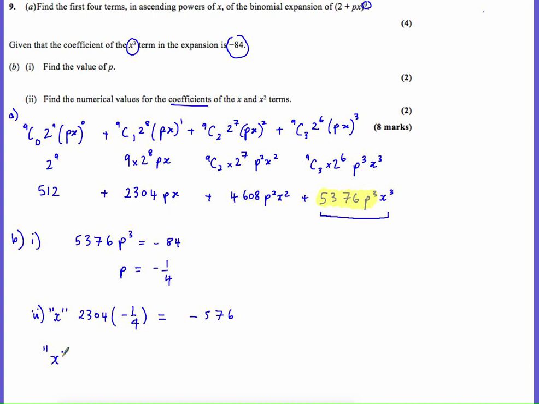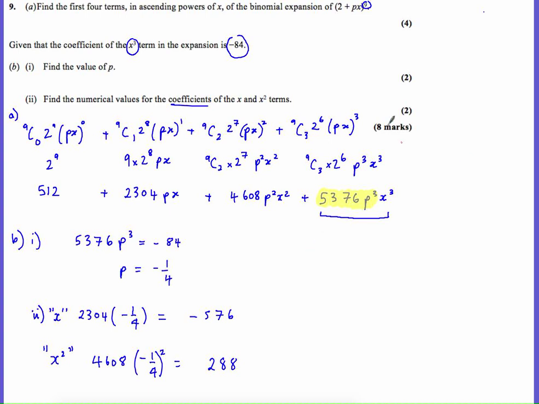My x squared term, 4608 times minus a quarter, and the p-value this time, remember, is squared, so I've got to square that. 288.